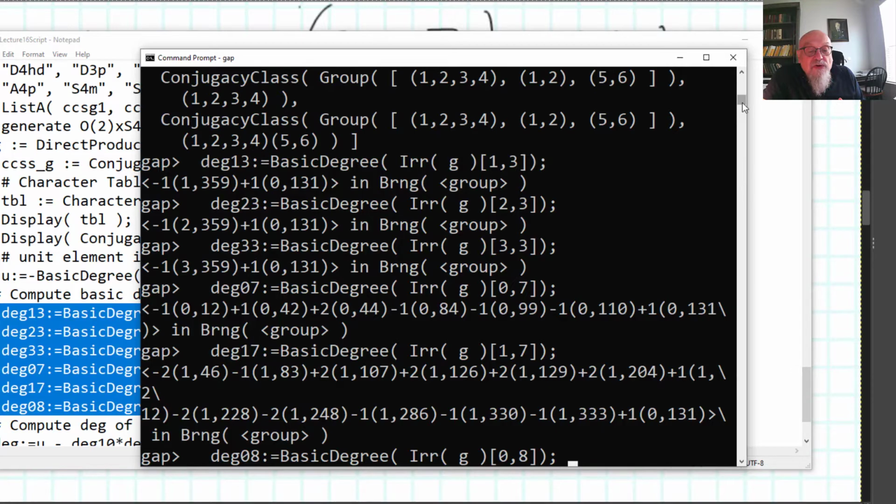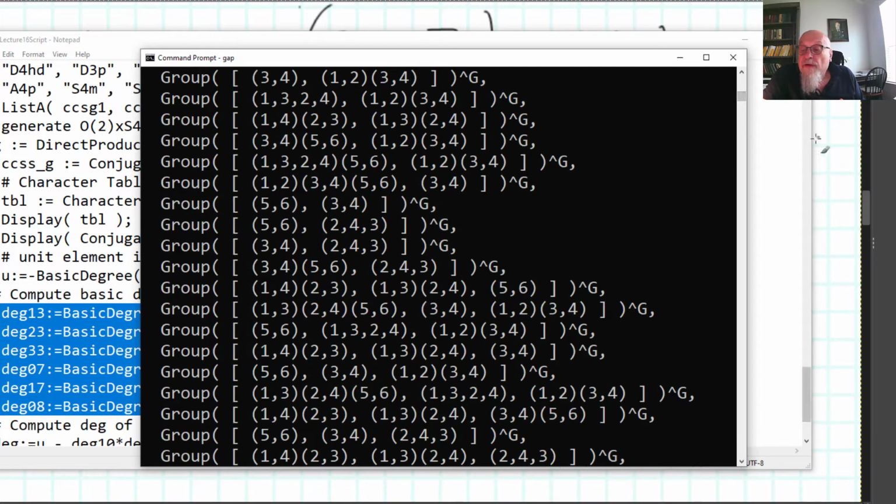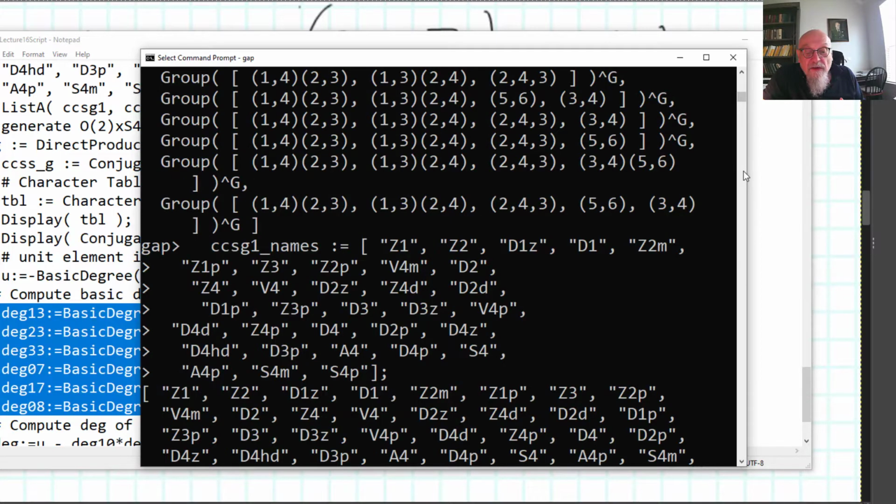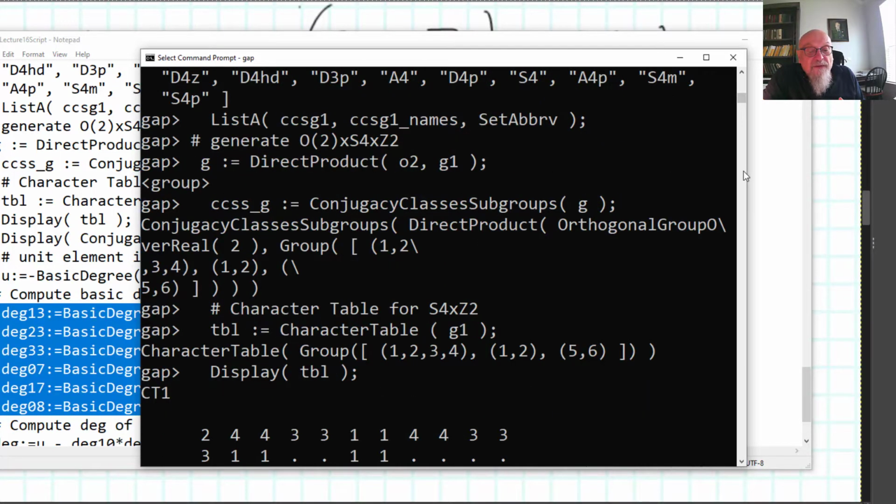Let me see. What is the notation for our conjugacy classes? So conjugacy classes, Z1, and then we have those, our conjugacy classes. It's not CCS. Now it is CCS subscript G, and that's exactly what we are doing. We are complicating our own life.